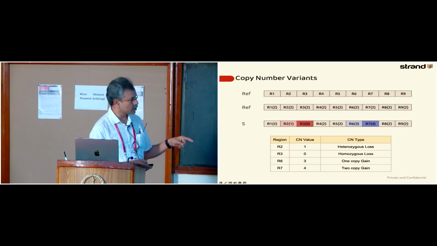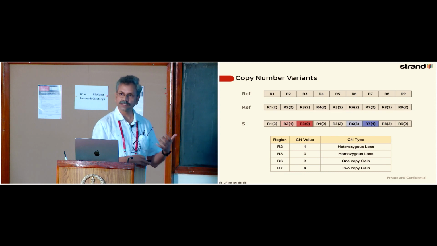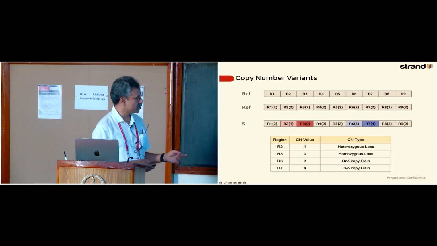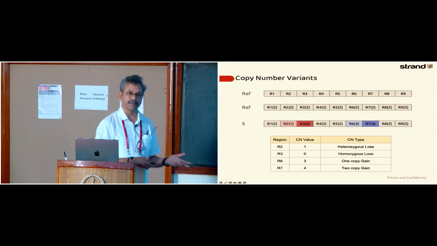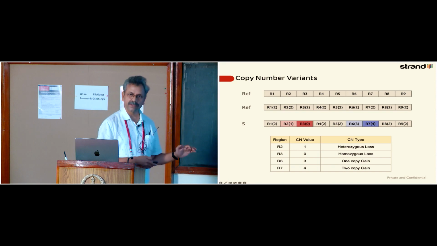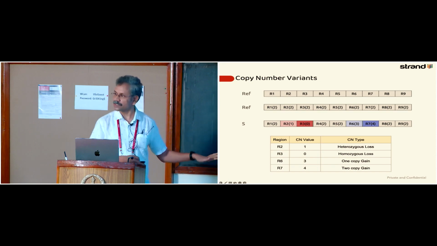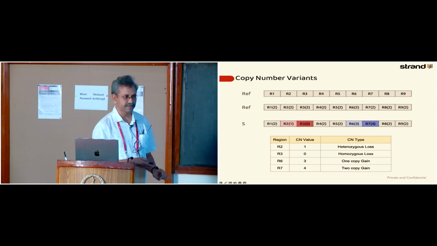Region 3, there are 0 copies, it's a homozygous loss, which means it's a loss on both copies of the chromosome. Region 6, I have 1 extra copy, the copy number value is 3, so it's a 1 copy gain. And region 7, I have 2 extra copies, that's a 2 copy gain. So the output of a copy number variant algorithm on a particular sample would fundamentally be this table that is shown at the bottom, right?